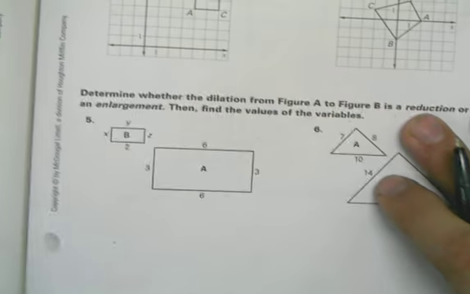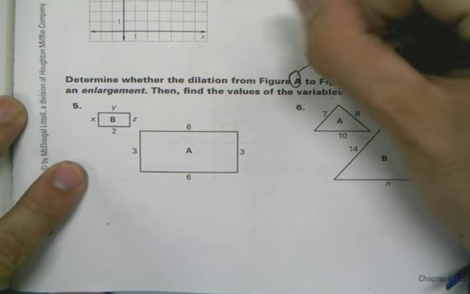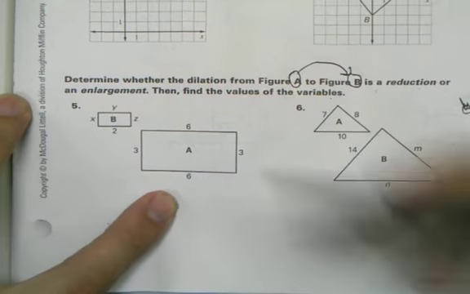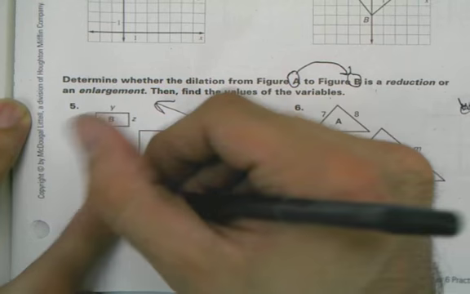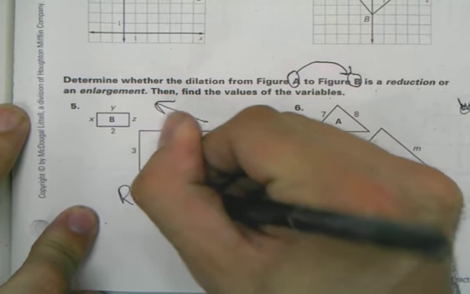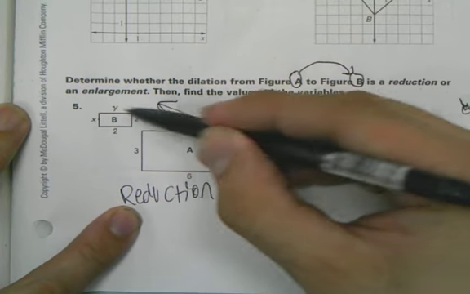All right. Let's determine the dilation from figure A to B. If we're going A to B here, then we know that that's a reduction. All right. Let's find the variables. We have x, y, and z.